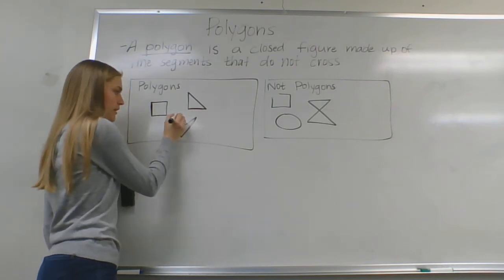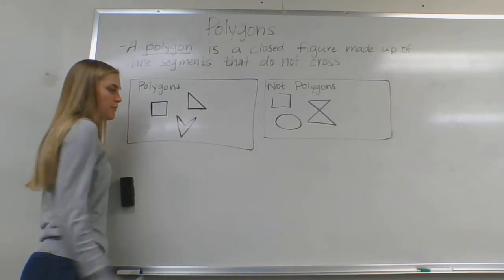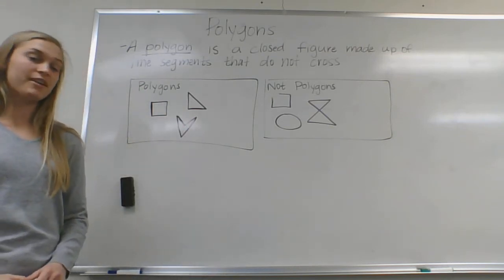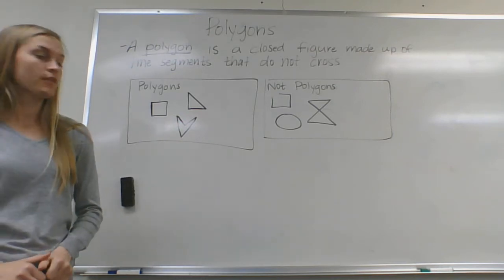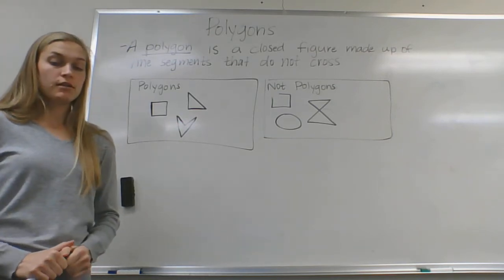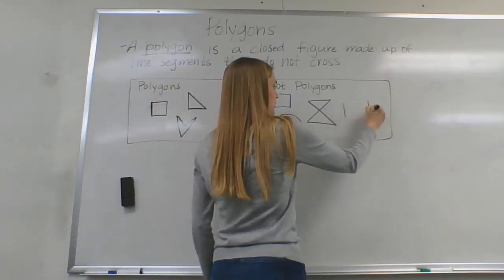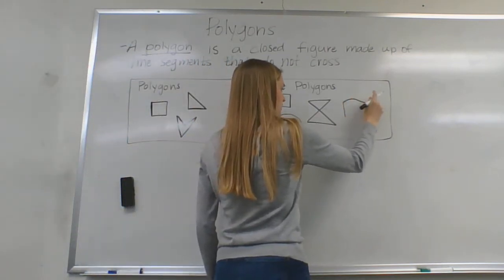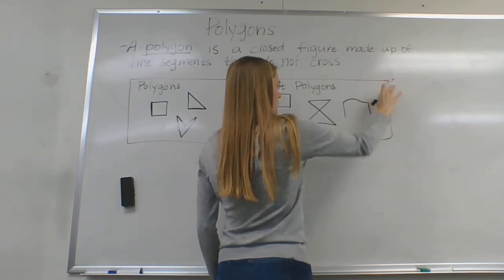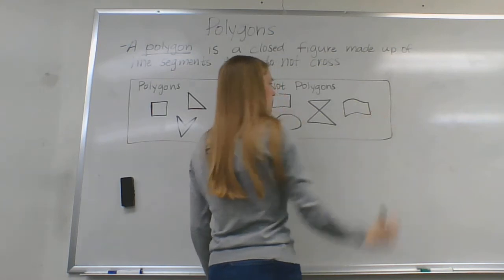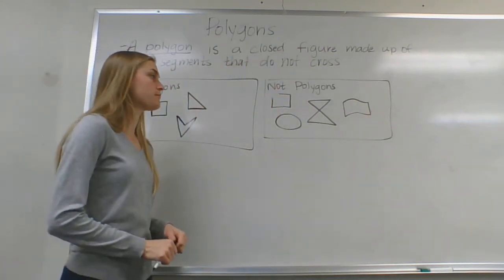They're allowed to be concave like that, because it's still made up of line segments, it's still closed, and they don't cross. But it can go in like that, so that could be a polygon. Another example of something that cannot be a polygon is something like this. It's got wavy lines in there, not a polygon.